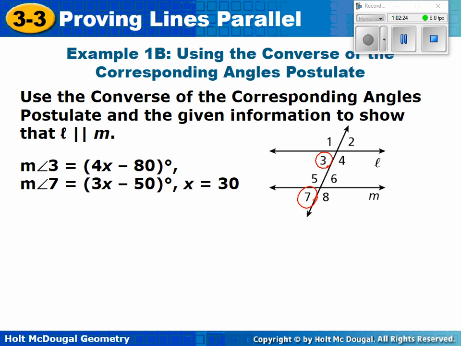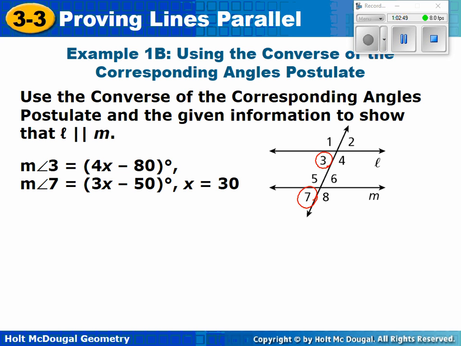Equality. Now, if they're equal, then they're congruent. Very good. Angle 3 is congruent to angle 7, and that is the definition of congruence.